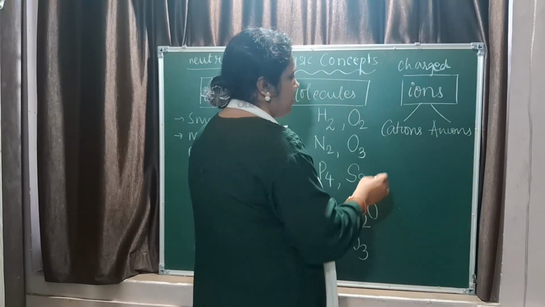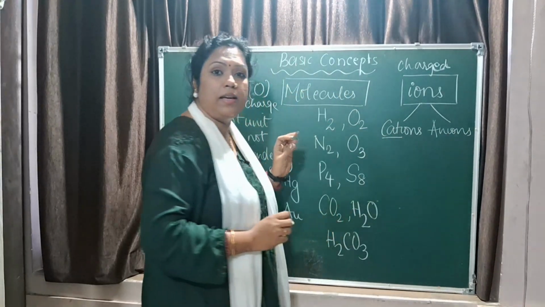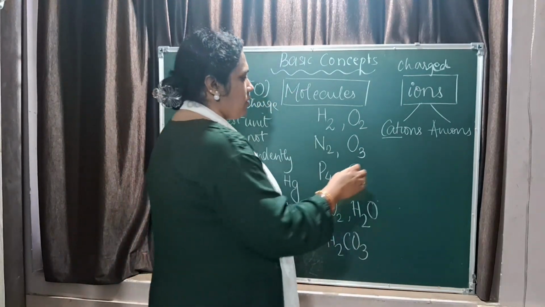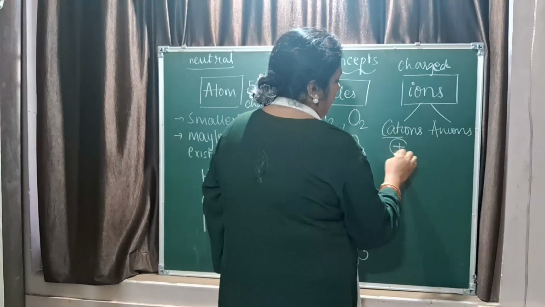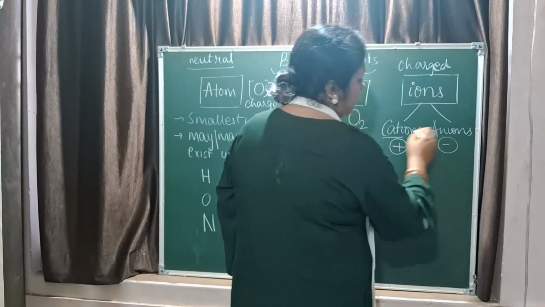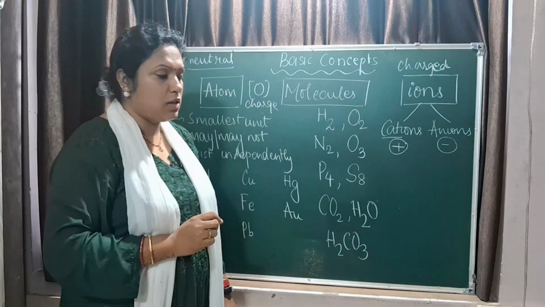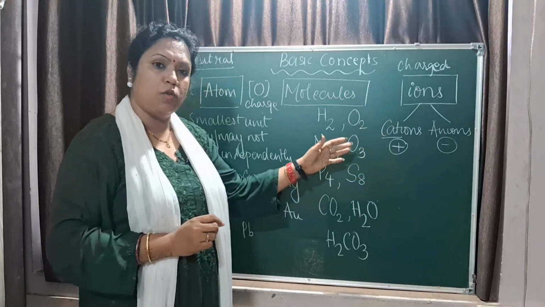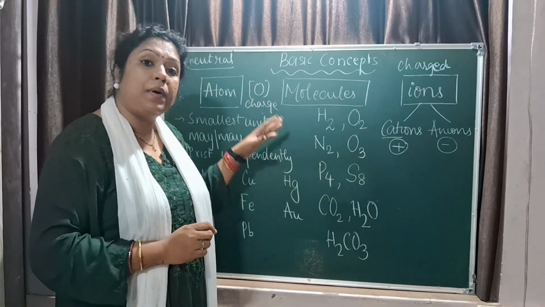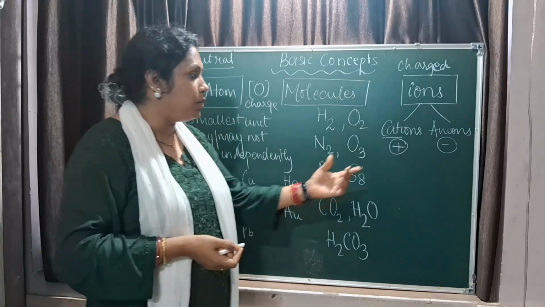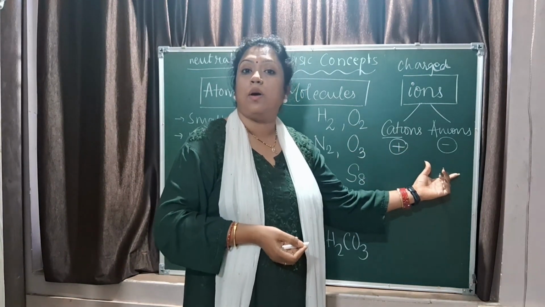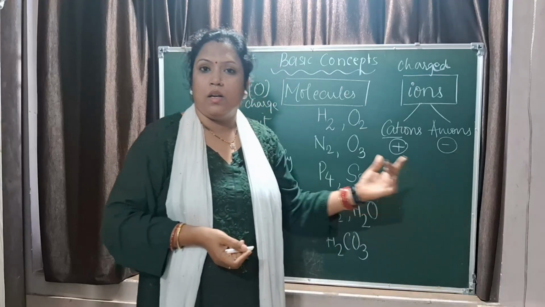Now cations, you can see here cat has paws, so cations are positively charged and anions are negatively charged. Is that understood? So based on the cations and anions, you form the compounds. Compounds are electrically neutral because the amount of charge on the cation should be equivalent to the amount of charge on the anion.